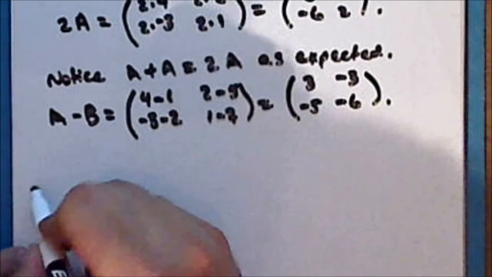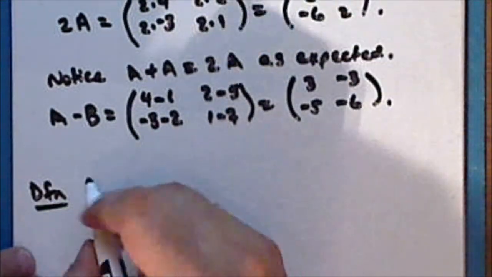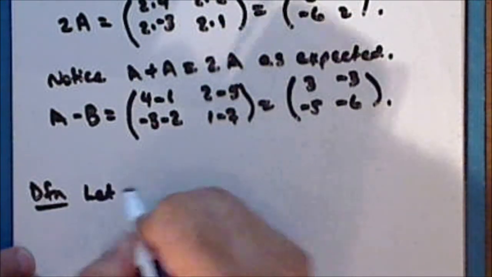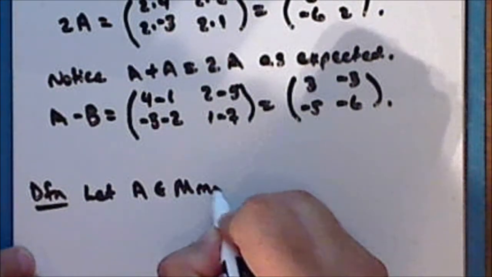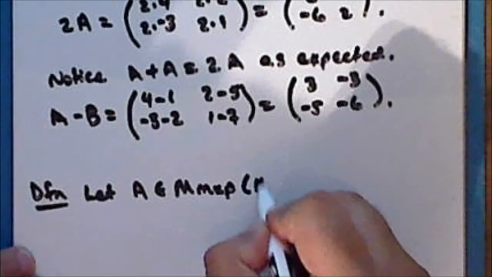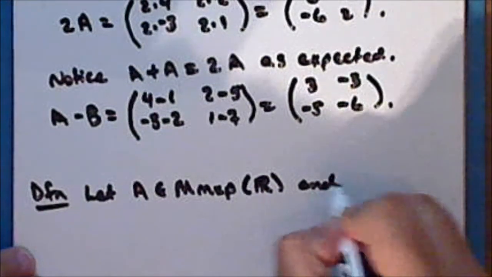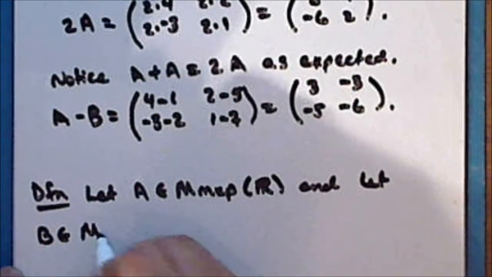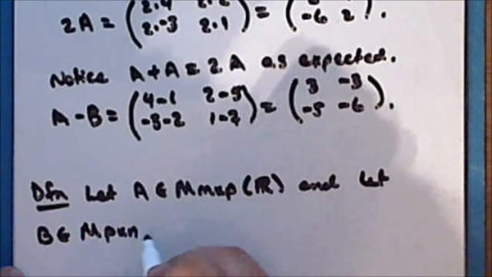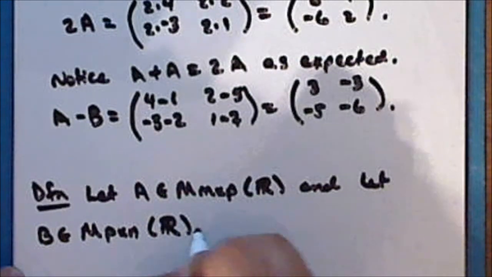Okay, so new definition. Let A be an M by P matrix with real entries, and let B be a P by N matrix with real entries.